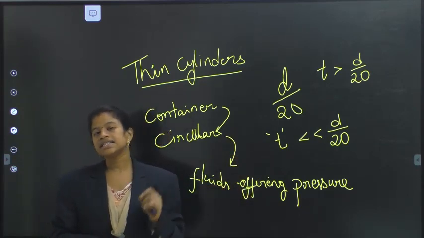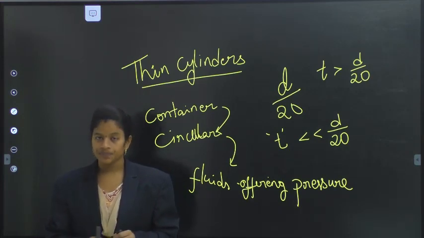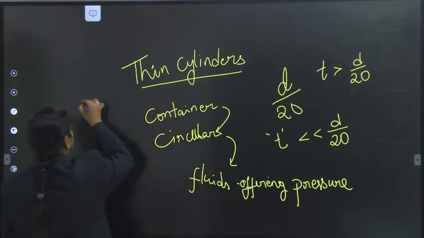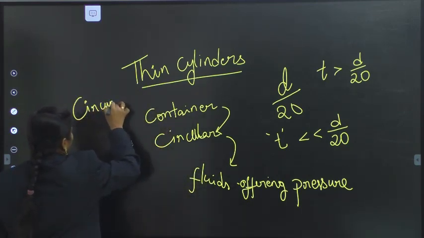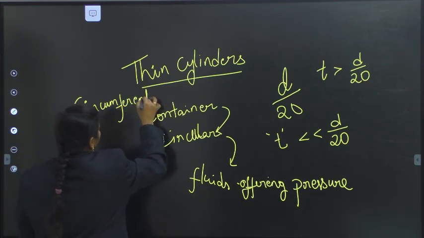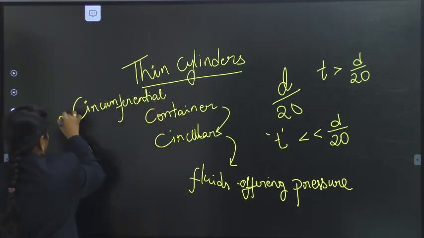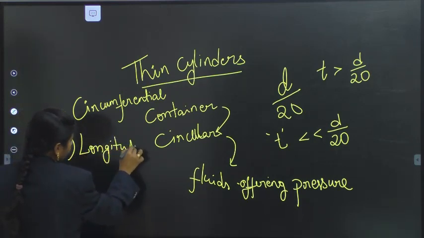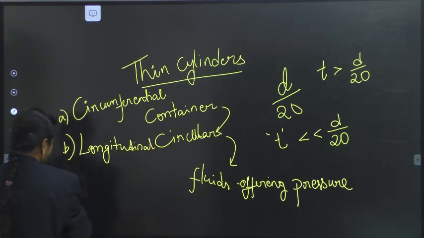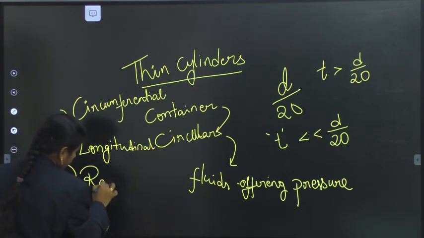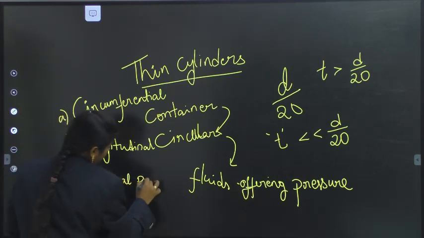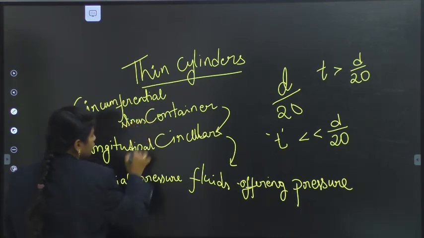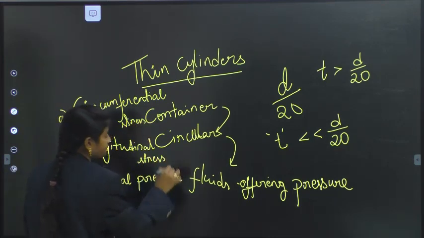Now in thin cylinders, what are the stresses you observe? Generally, every cylindrical container may have circumferential stress, longitudinal stress, and radial pressure.